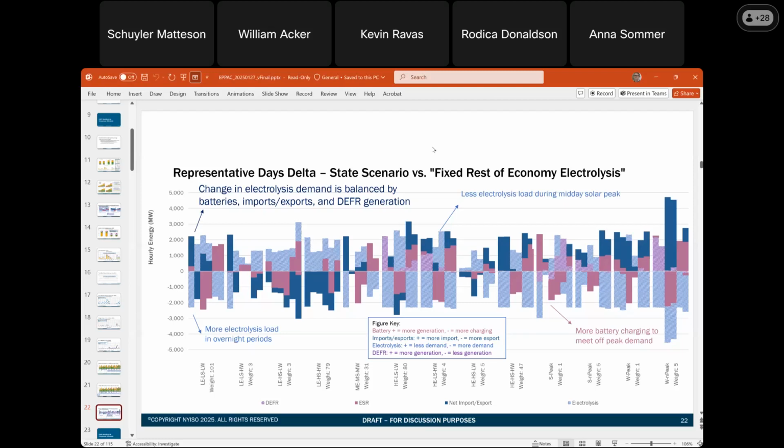Yep, that's a great point, Bill. And I think some of the things we are seeing, like on the winter peak day and the peak morning, we are running defers like 2,000 megawatts additional for like 8 hours. And the only change we've made is moving electrolysis to those times. So it's exactly what you're saying. We're on a peak day, we're running defers to make up the energy that is running electrolyzers.